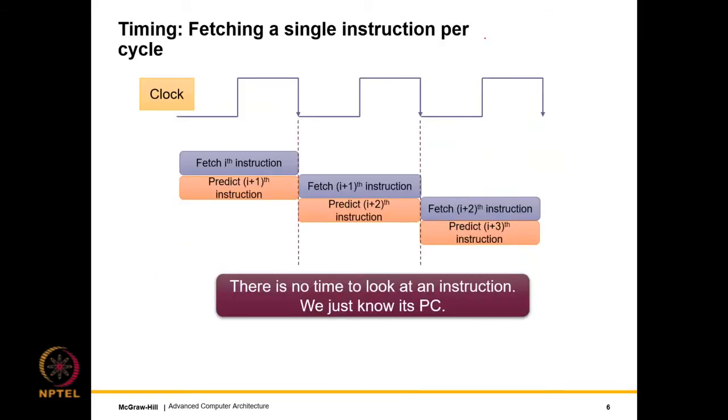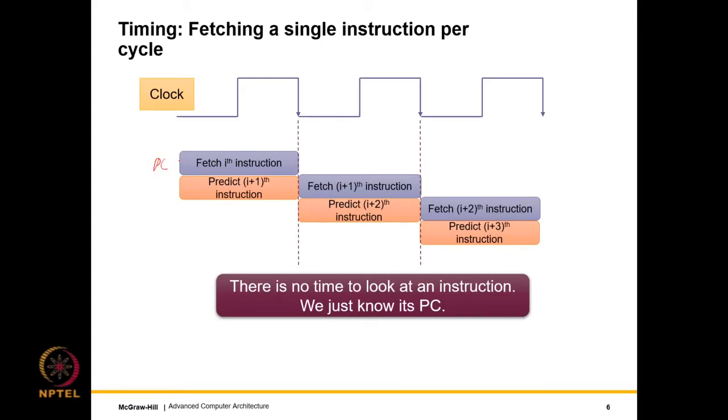All right. So let us look at a simple fetch unit that fetches a single instruction per cycle. This will be our first example, and then we will gradually complicate this. So when you are fetching the ith instruction, what do we have?